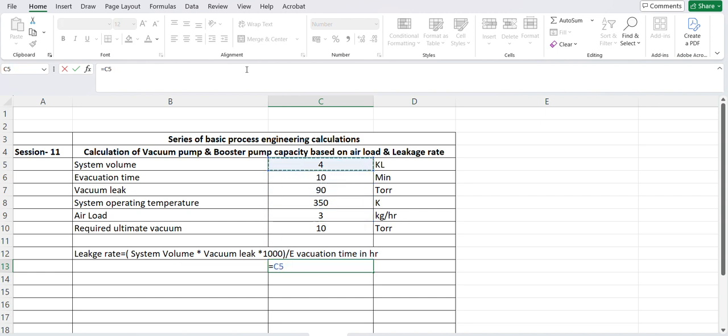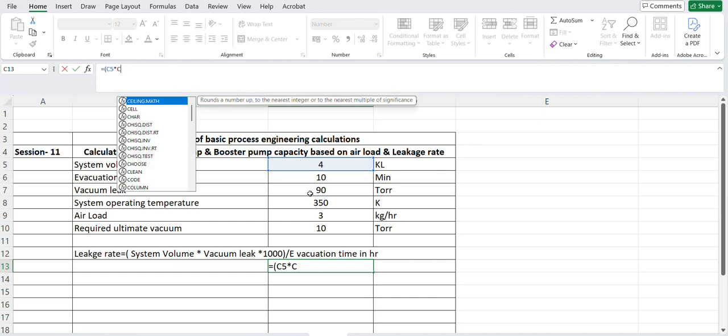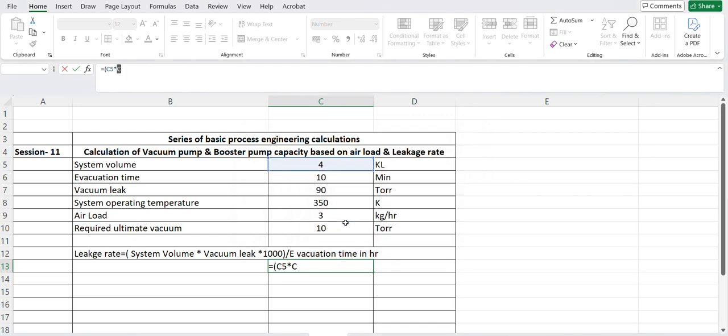System volume is 4 kl, into the vacuum leak, into 1000, which is for the conversion. The required time is 10 minutes, so we can convert that into hours.